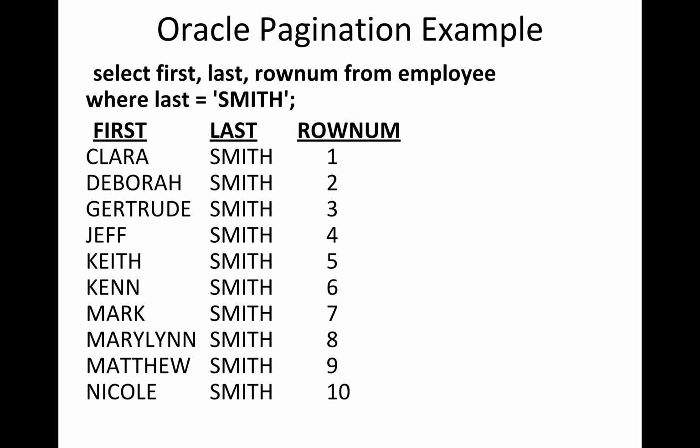But notice that the order of the ROWNUM does not necessarily match the alphabetical order of any one of the other fields. The problem is the order in which the ordering or the numbering occurs.